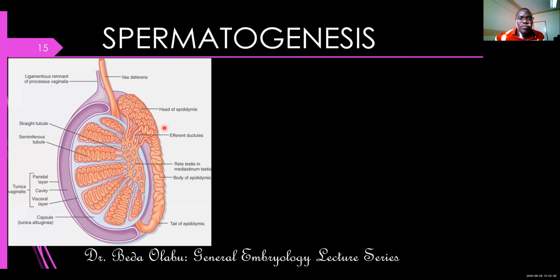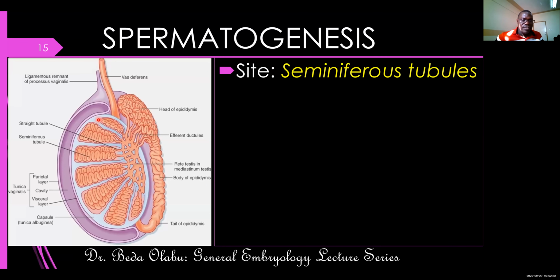Now, spermatogenesis takes place within the testis. But where exactly in the testis? It takes place within the seminiferous tubules of the testis. These are the seminiferous tubules of the testis.